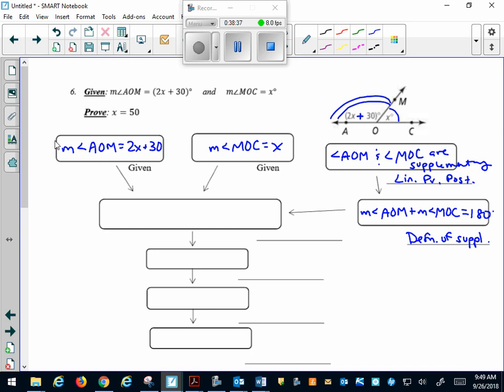All right, what's this equation going to be? This next box. How am I going to use the fact that measure of angle AOM plus measure of angle MOC equals 180? See this arrow, and this arrow. What equation am I going to write here, Jack?